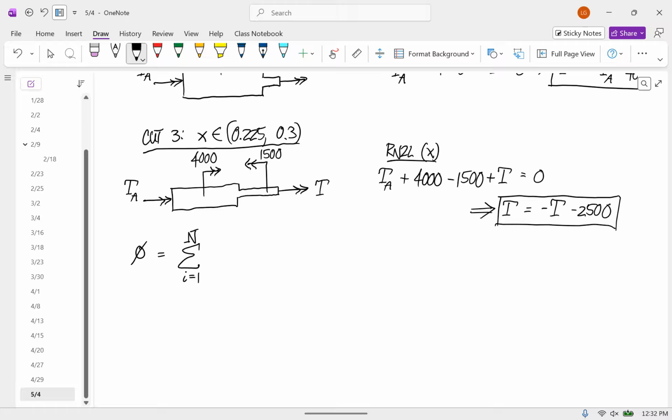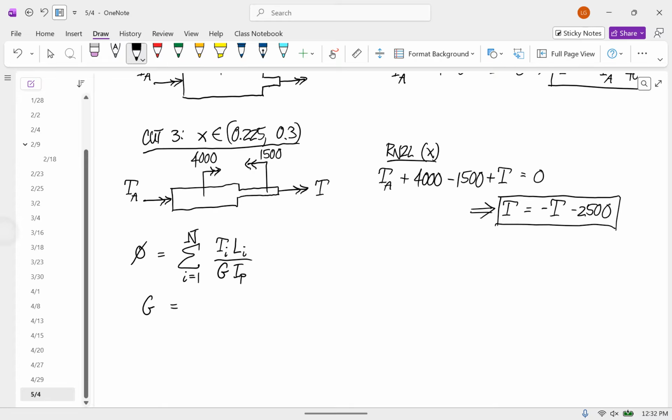In this case, it's 3 pieces of the internal torque of the piece times the length of the piece divided by the material stiffness in torque, that is G, times the geometric resistance to twisting, which is the polar moment of inertia in the case of twisting. And now we can fit these pieces together.